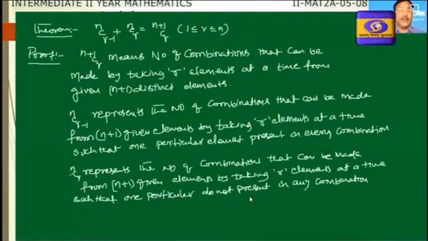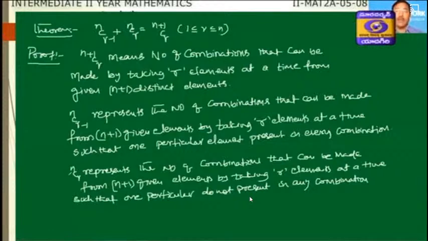సో మనకి ఇచ్చినటువంటి ఎలిమెంట్స్ n+1, ఆ n+1 ఎలిమెంట్స్ నుంచి మనం R ఎలిమెంట్స్ చూస్ చేసుకోవాలి. అందులో ఒక పర్టికులర్ ఎలిమెంట్ ఏ కాంబినేషన్ లో కూడా కనపడదు. ఏ కాంబినేషన్ లో ఆ పర్టికులర్ ఎలిమెంట్ కనపడదు అంటే ఏం చేయాలి, మనం ఆ పర్టికులర్ ఎలిమెంట్ ని మనకి ఇచ్చినటువంటి ఎలిమెంట్స్ నుంచి తీసేయాలి. సో ఫస్ట్ we have to eliminate that particular element from the given elements. Now from given n+1 elements, if we remove that particular element, how many elements will be in our hand? N elements.